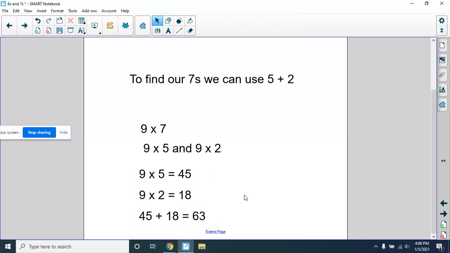So 9 times 7 equals 63. Use the facts that you know. It helps to make it easier. You can also memorize. Eventually you need to do that, but it is another strategy to help you solve your problems.